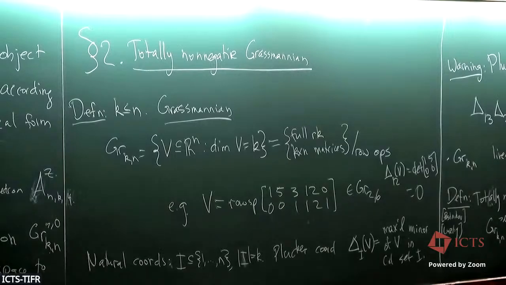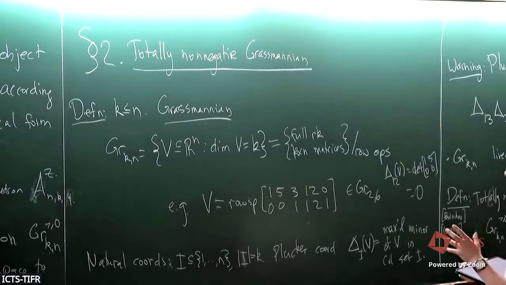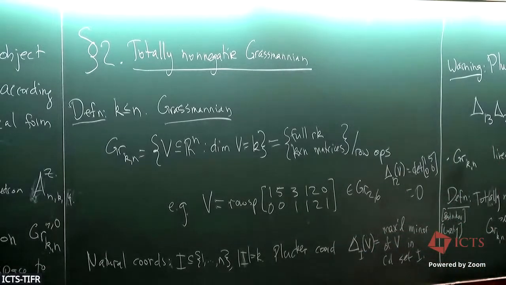Maybe I should say you can also do things like, okay, maybe I want to take a subset of the Plücker coordinates that are algebraically independent, so they don't satisfy any relation, so I want exactly k times n minus k of them. And you can use those to express all the other Plücker coordinates, but the formulas are very complicated.